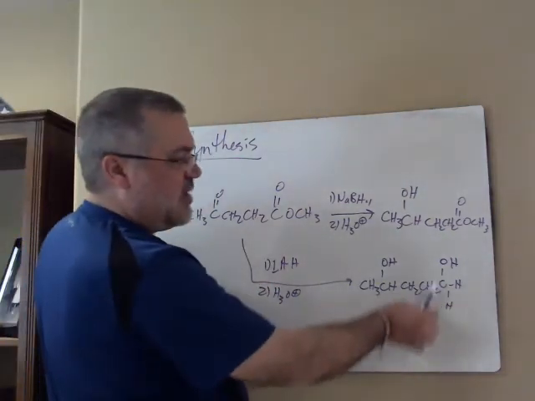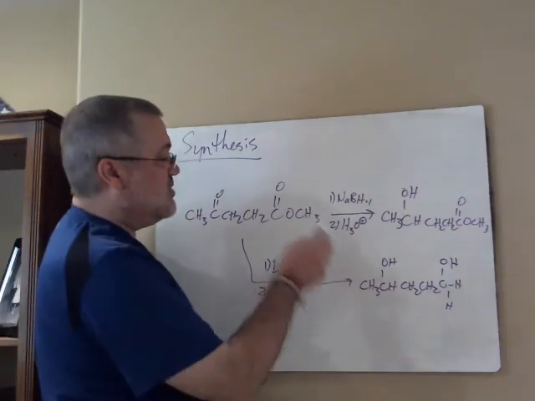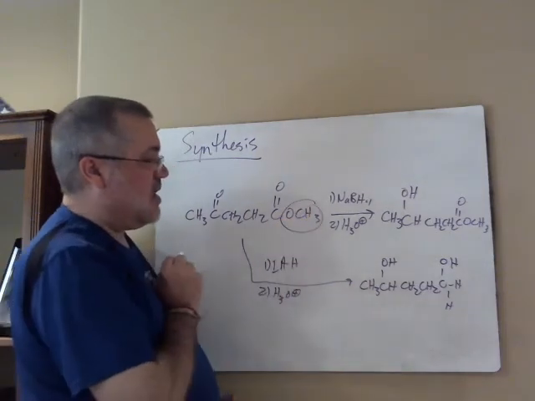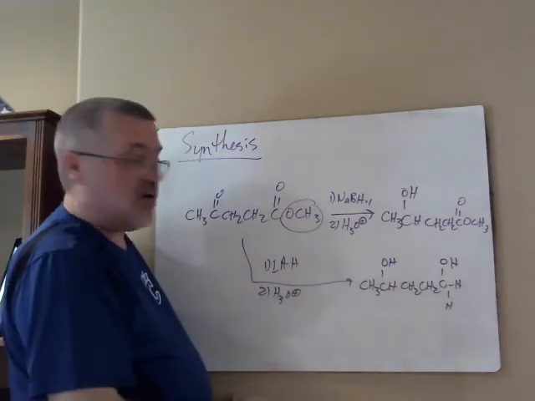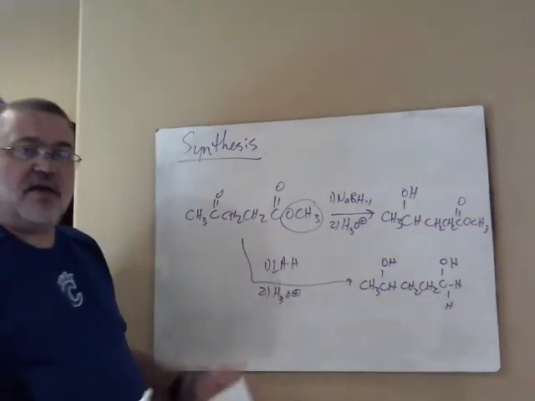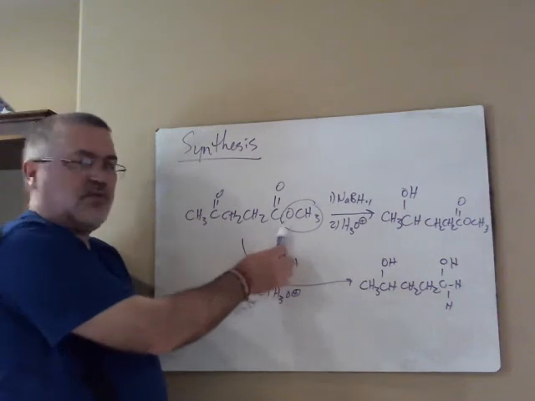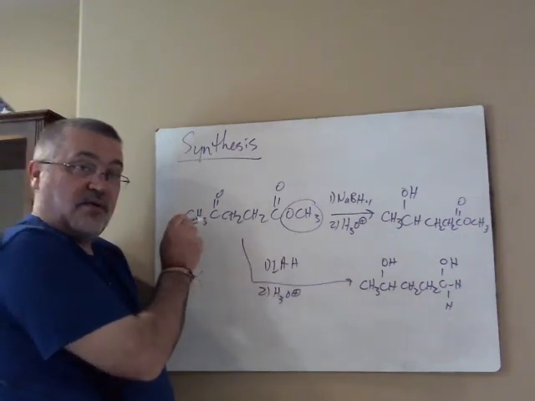Now, I apologize that I'm drawing it out like this, but I'm doing that to emphasize the fact that you're losing this OCH3 because you're adding these two equivalents of hydride. Now, wouldn't it be nice if there were a way of just reducing the ester but not reducing the ketone?